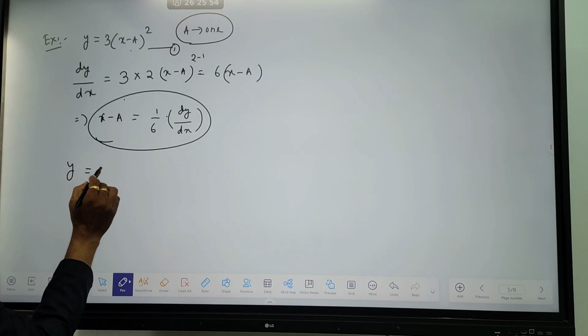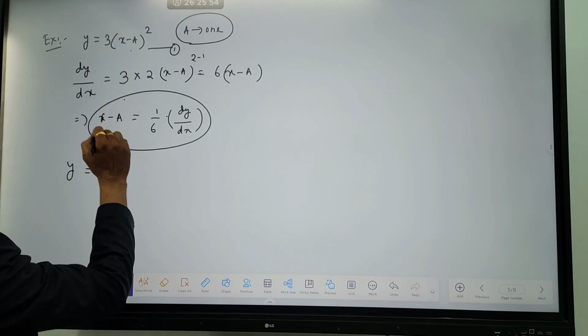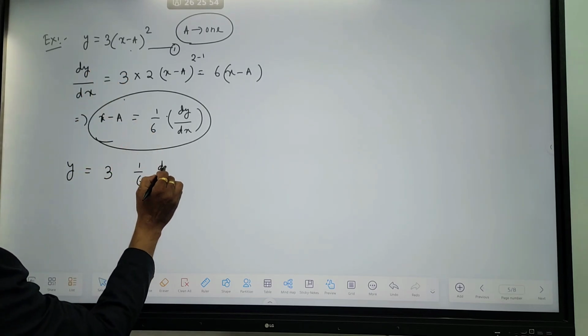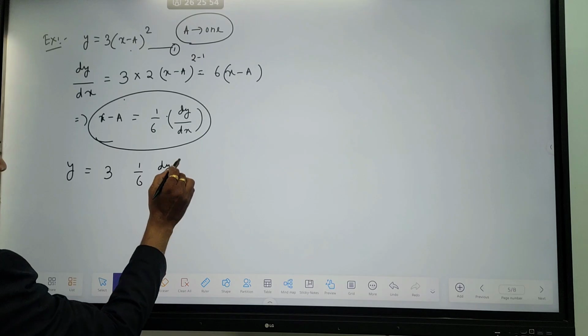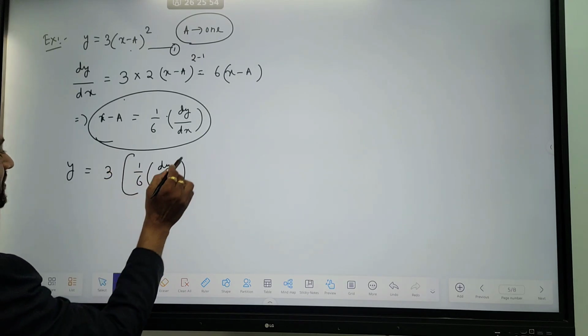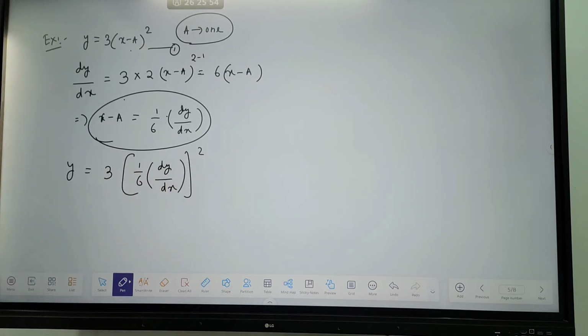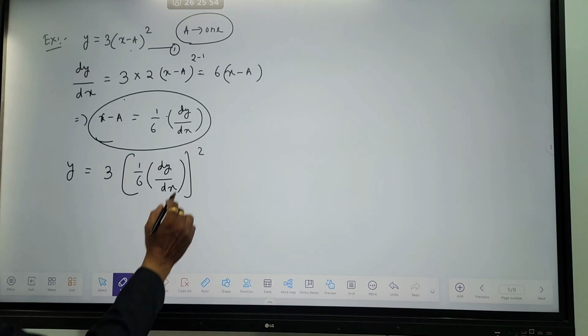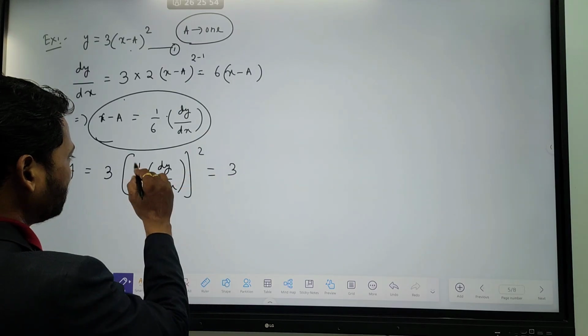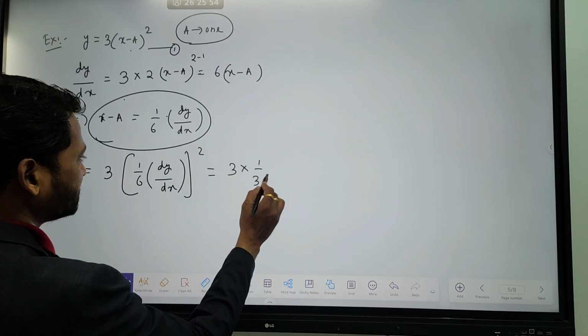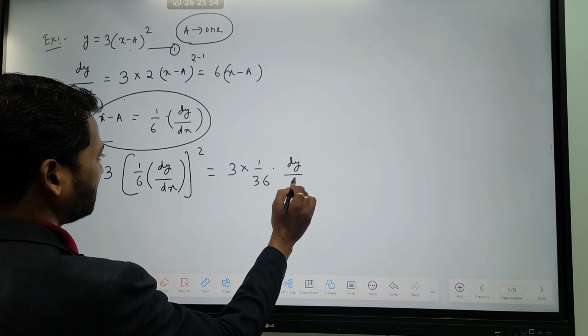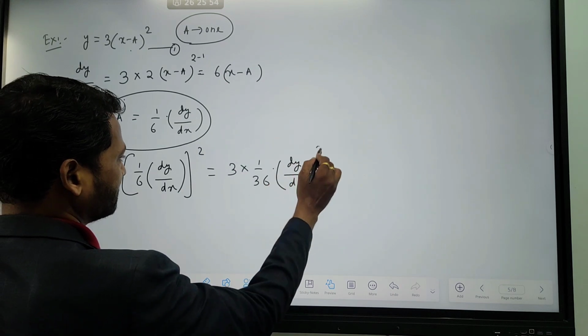So I can write y is equal to 3 times, what is x minus a? 1 by 6 dy by dx, okay, whole square. Understood? Clear? So here 1 by 6 square is 1 by 36, then dy by dx whole square.